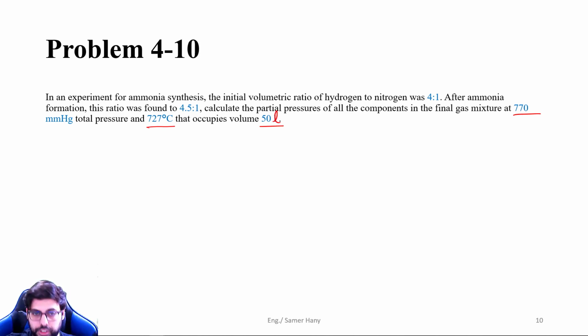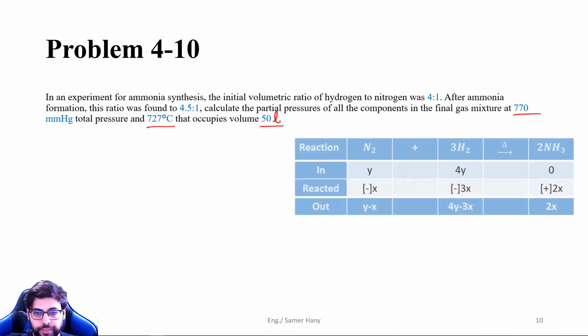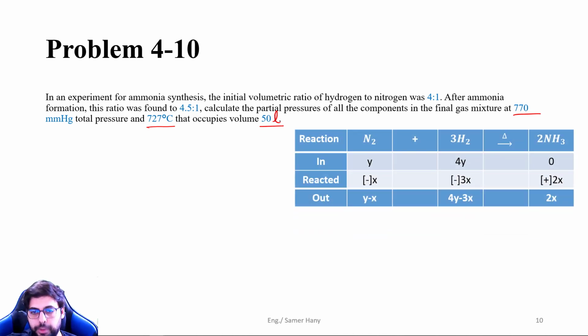So building our table, if the inlet of nitrogen is Y, the hydrogen will be 4 times that amount of nitrogen, 4Y. And of course, starting the reaction, there is no ammonia in the system yet, unless it's specifically mentioned in here that there was ammonia in the gas mixture starting the reaction. All right.